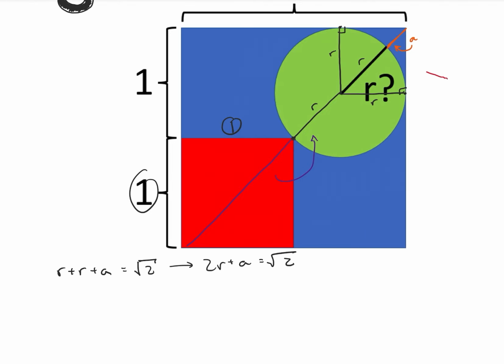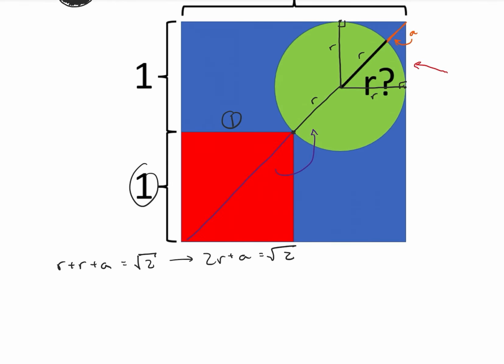I can also look at this smaller square up here, where I have r squared plus r squared is equal to r plus a squared. Now, if I look at the second equation, I know that 2r squared is equal to r plus a squared.